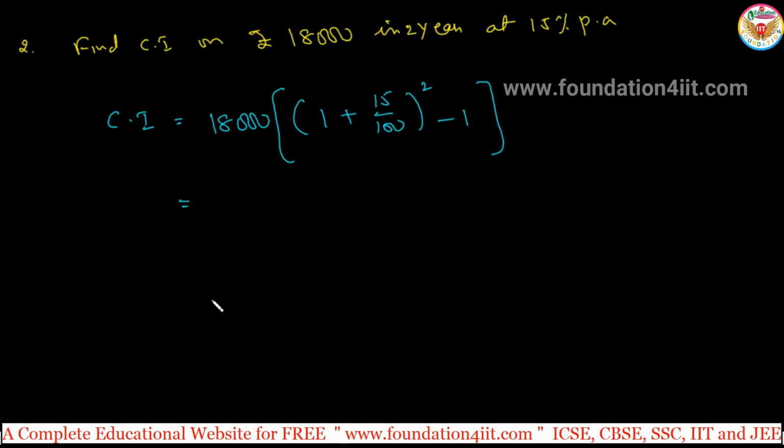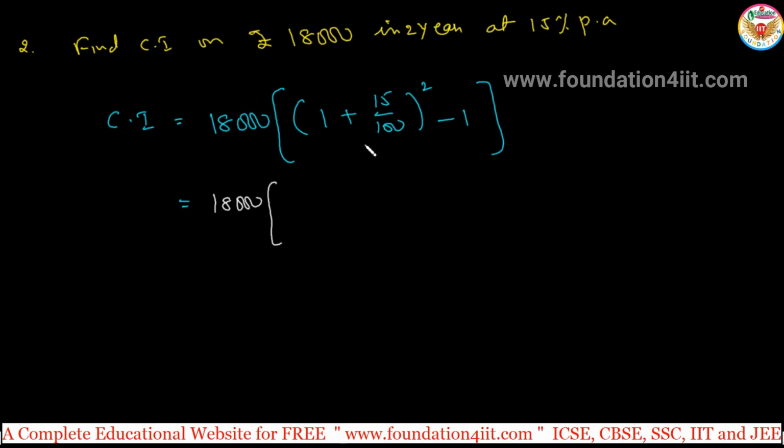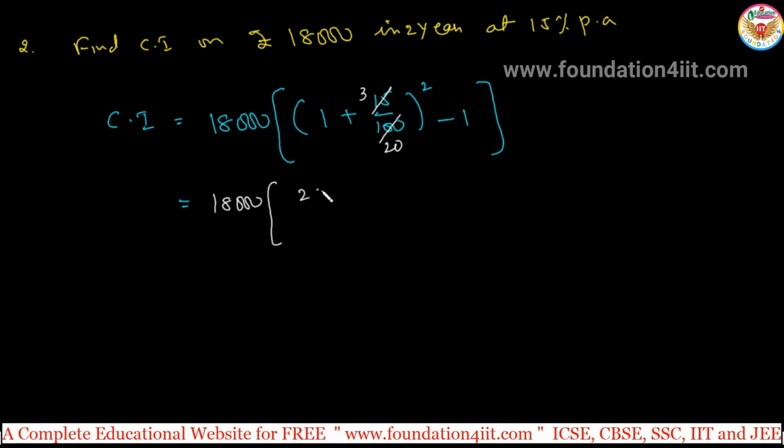So I can simplify this: 18,000 in the bracket 1 plus 15 by 100. 15 by 100, I can simplify, even cancel this. 5 3s are 15, 5 4s are 20. 1 plus 3 by 20 is 23 by 20. 23 by 20 whole square minus 1.